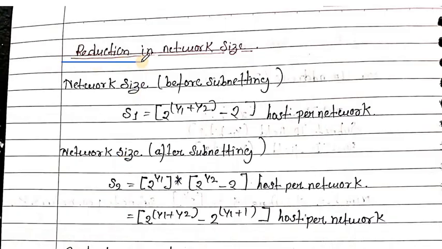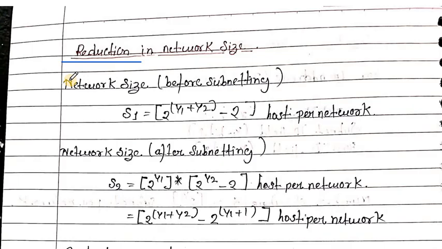Reduction in network size. Here there is some reduction of network size after creating subnetting, because if we create subnetting, then there are multiple networks. In subnetting, from one network we create multiple subnetworks, and each subnetwork has 2 special IP addresses which we can't use for host IP addresses.